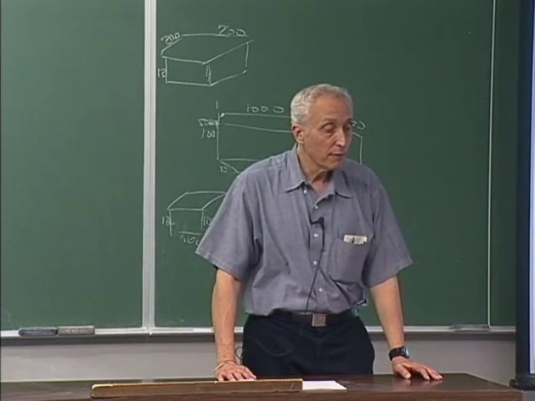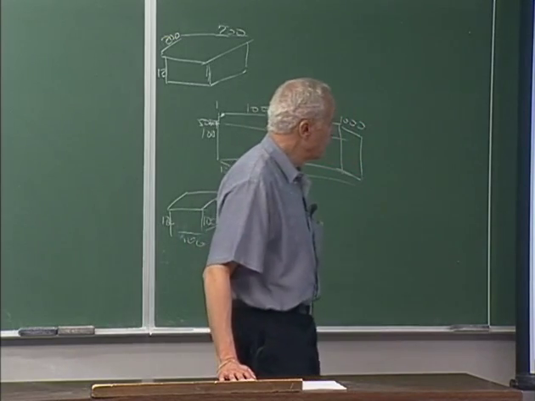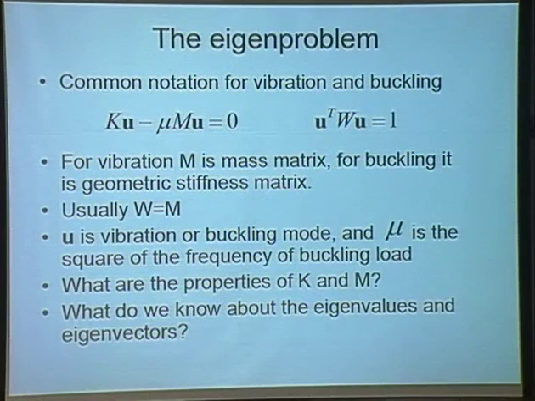And we have also a normalizing condition that says the eigenvector has to have a magnitude, and you often specify the magnitude versus the weight matrix, u transpose W u equal to 1. Could anybody tell me why we need this condition?